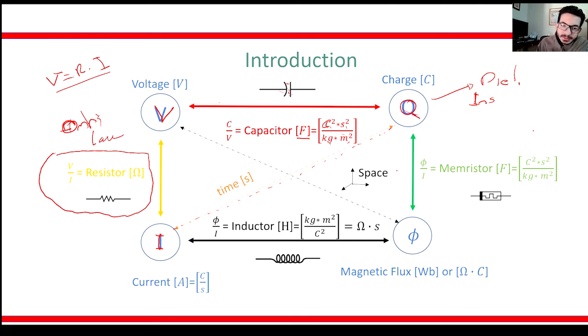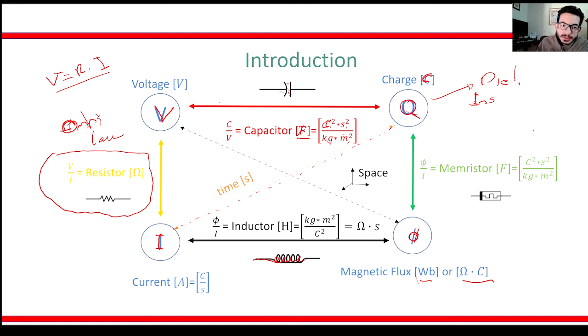Now, magnetic flux has units of webers, which are the same thing as ohms per coulomb. Yeah, C is the unit of charge, not capacitance. C is coulombs. The unit of capacitance is farads, F. So ohms per coulomb is magnetic flux. And you can relate the electric current to the magnetic flux through something called inductors.